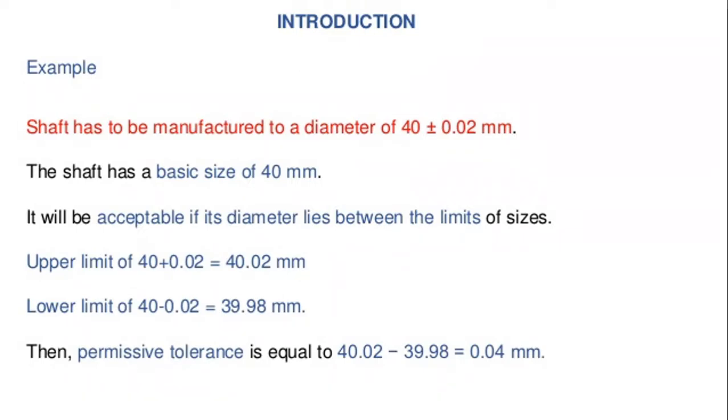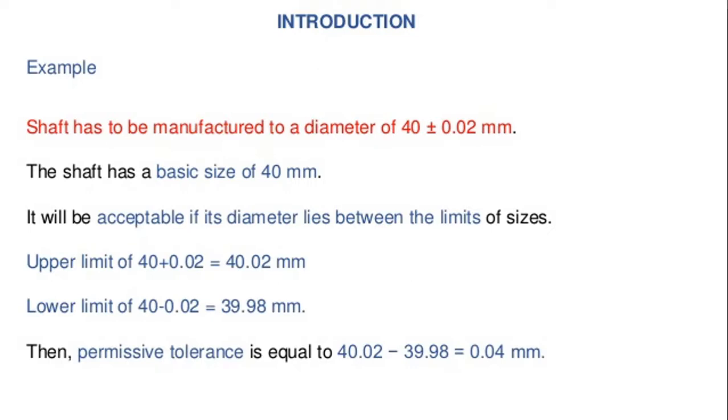Here, the base size is 40 millimeter. It will be acceptable if its diameter lies between the limits of size: the upper limit is 40 plus 0.02, that means 40.02 millimeter, and the lower limit is 40 minus 0.02, that means 39.98 millimeter.